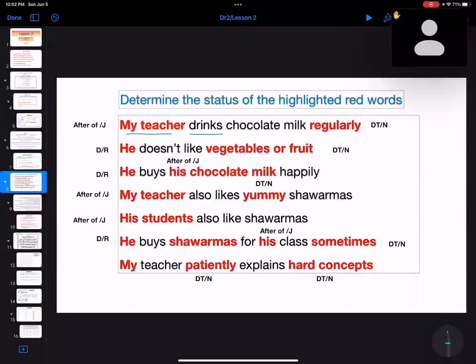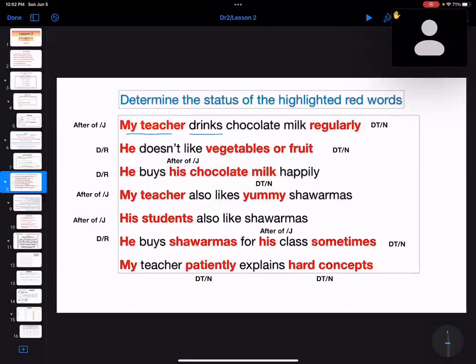Is teacher going to be jar or is my going to be jar? My is of mine, right? The teacher did the action, so the teacher should be rafa. That is technical, but this is how it should be.